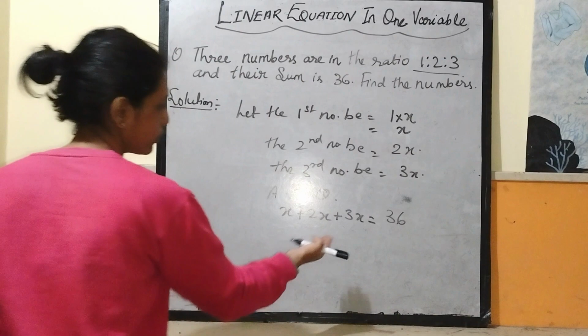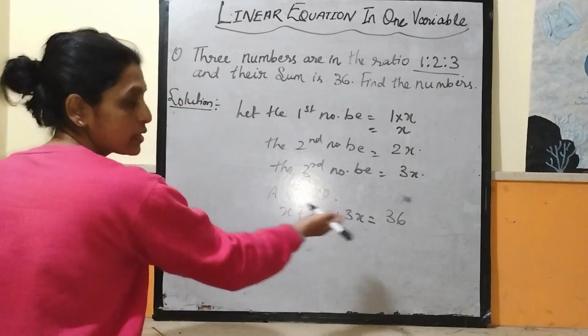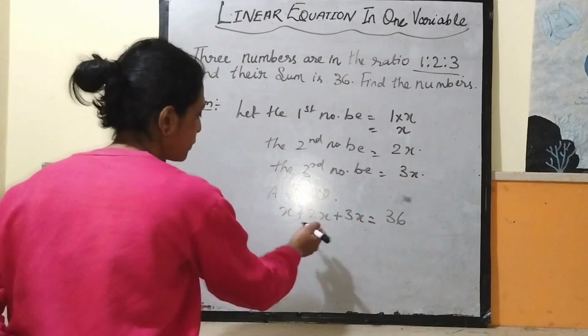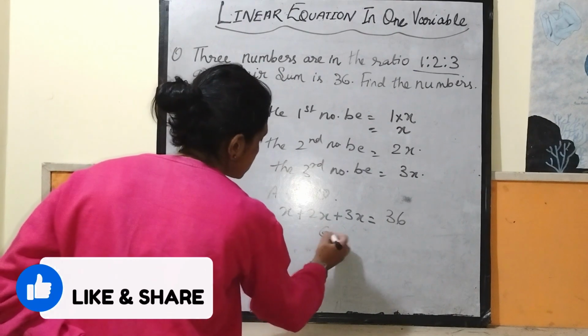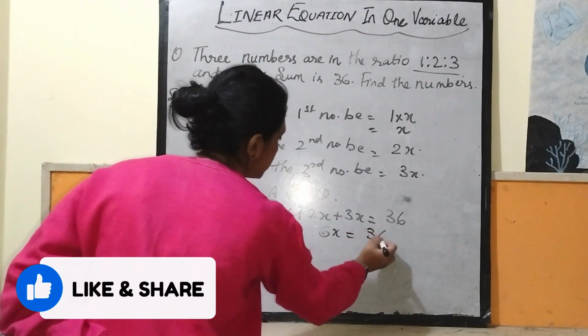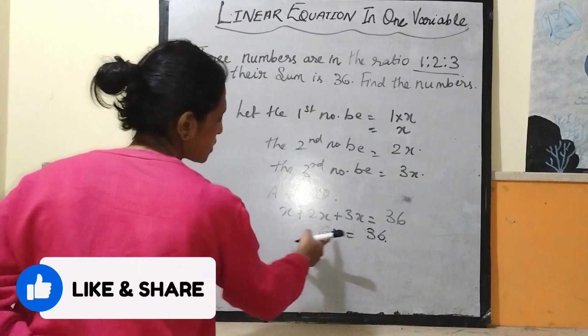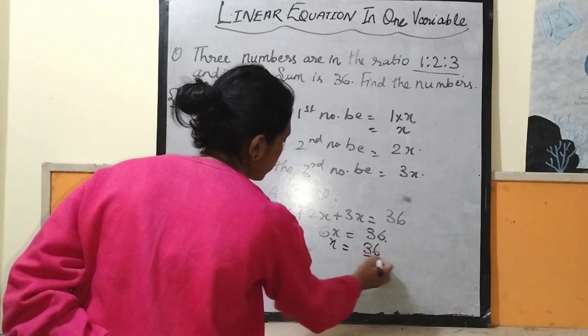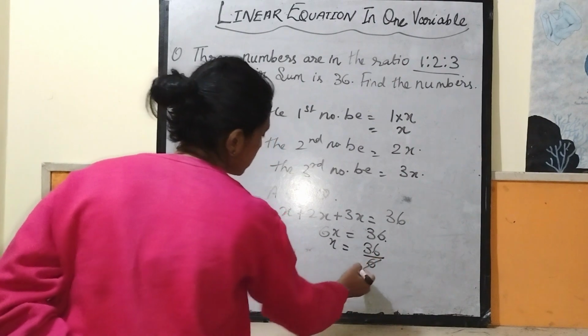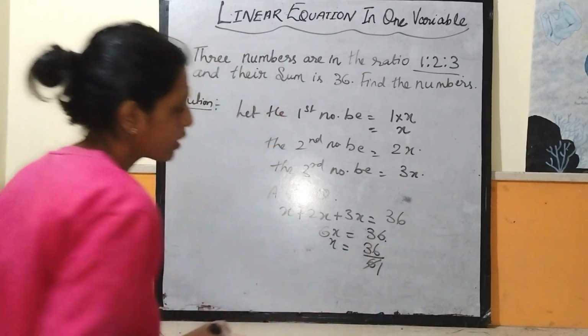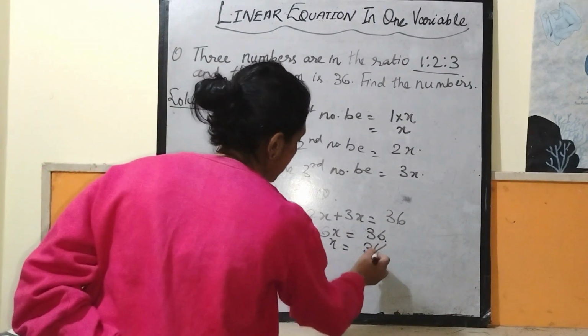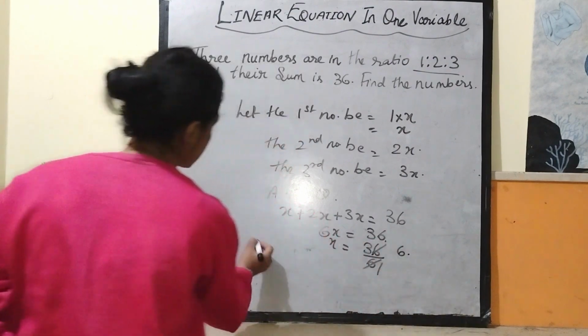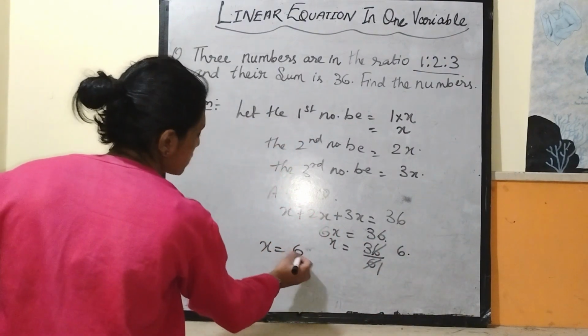Now we add x, 2x and 3x because these are all like terms, and it gives us 6x equals 36. Now 6 is multiplied with x, so when it goes to the other side, it will divide 36. 36 divided by 6 is 6, so we get x equal to 6.